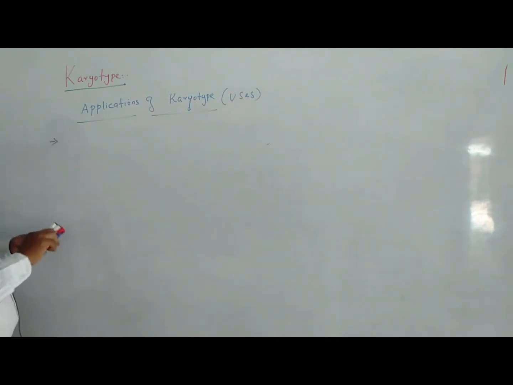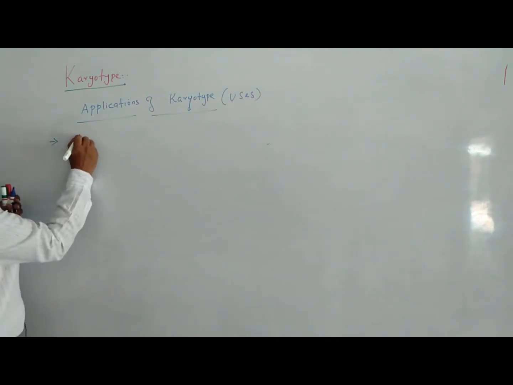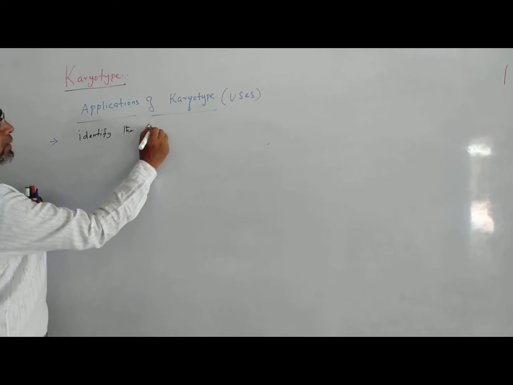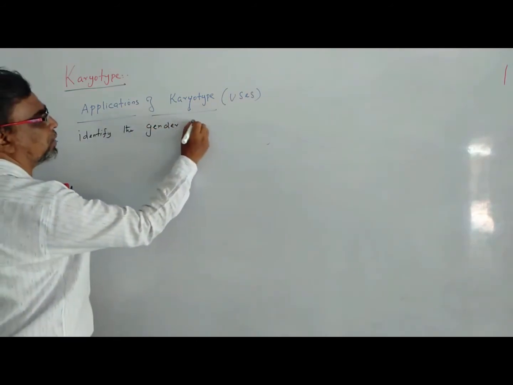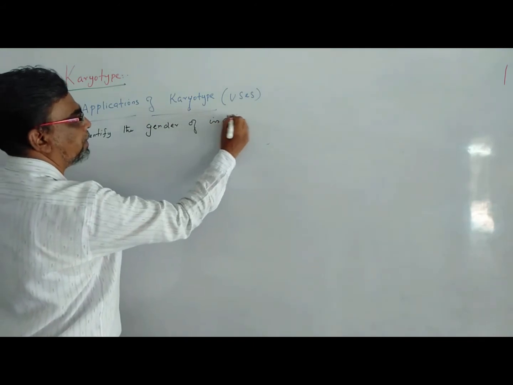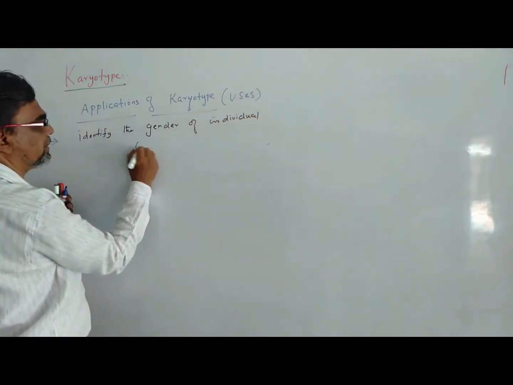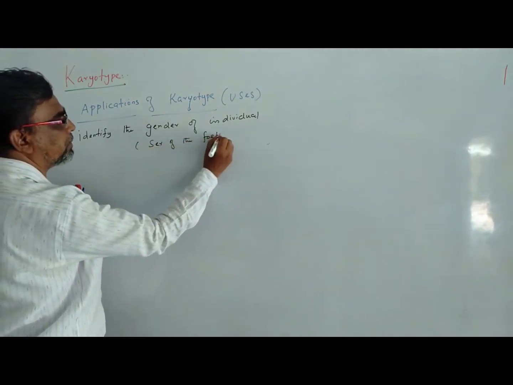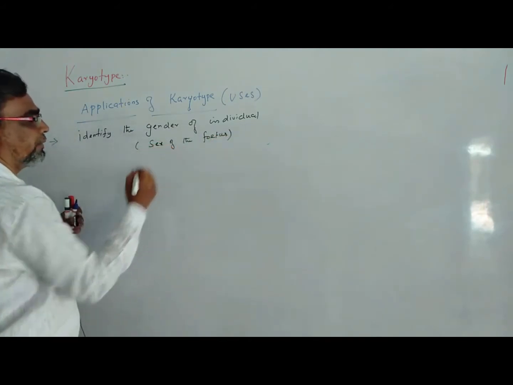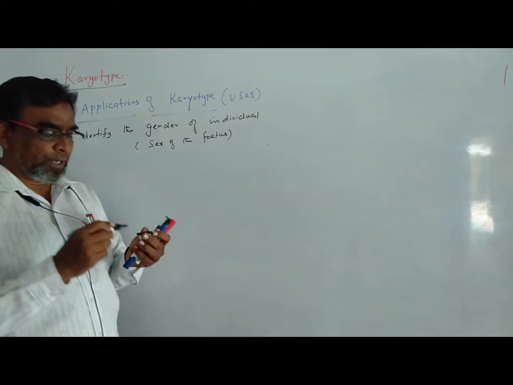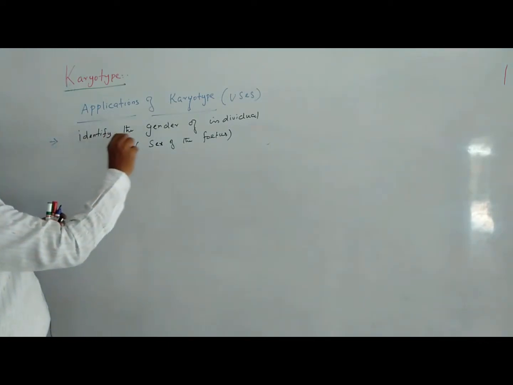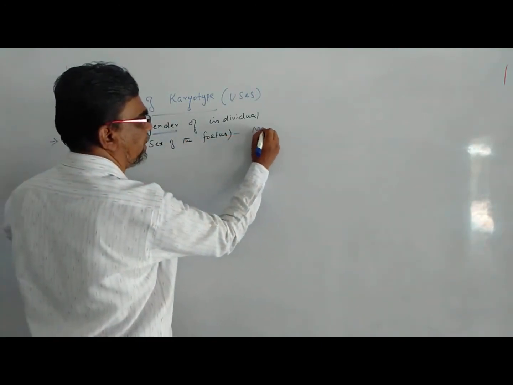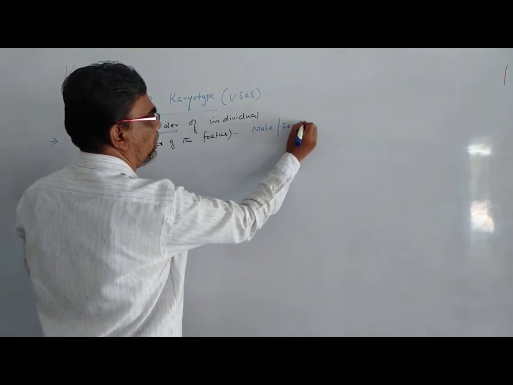Now, what are the uses? First, with the help of karyotype, we can identify the gender of an individual, or simply we can diagnose the sex of the fetus, whether it is male or female, with the help of chromosomes.